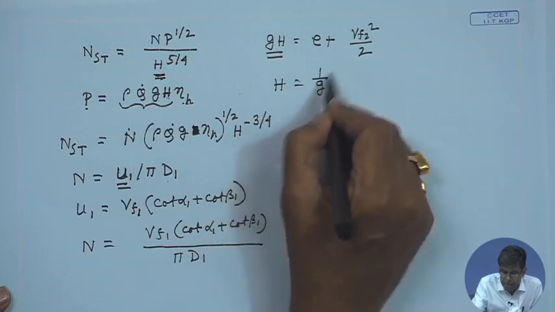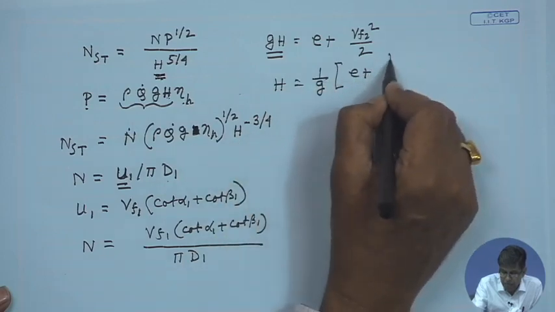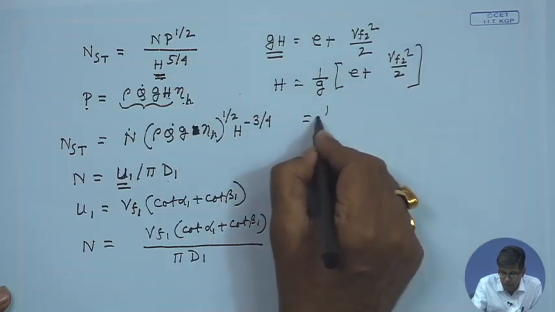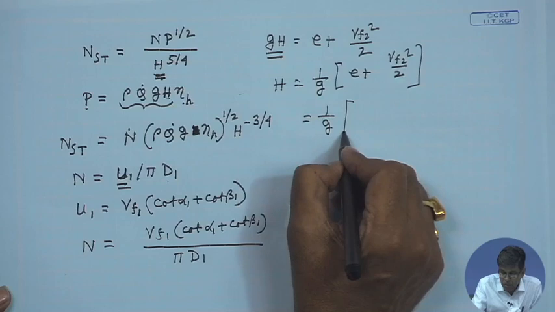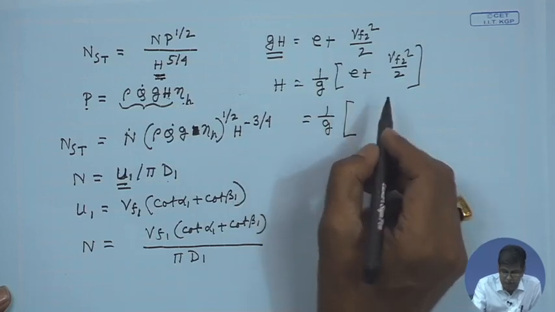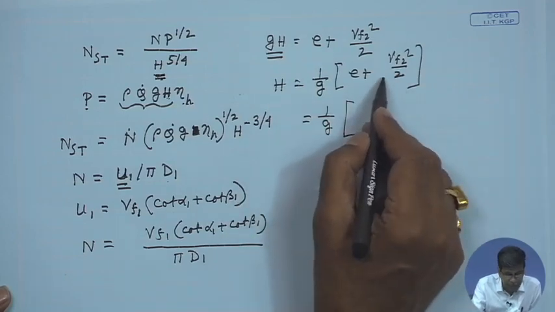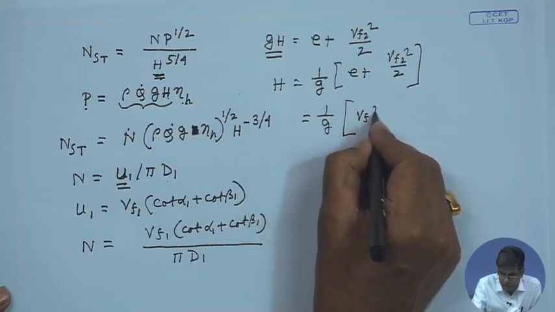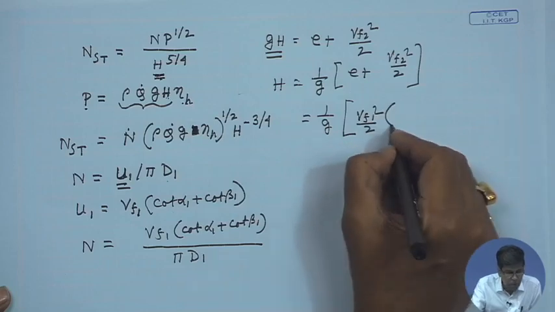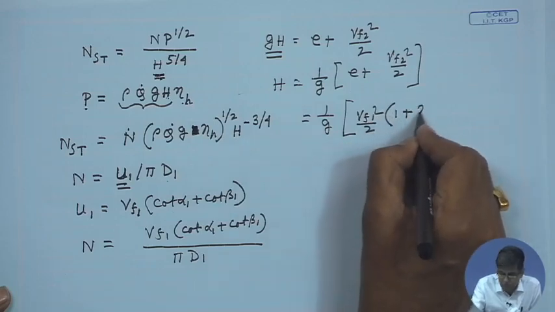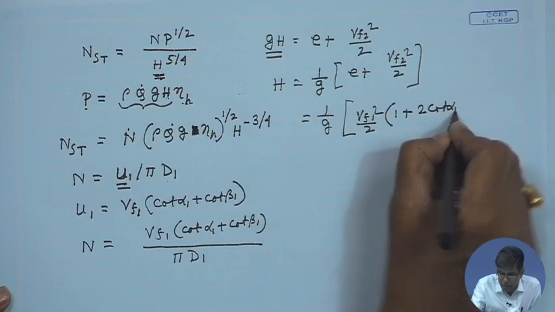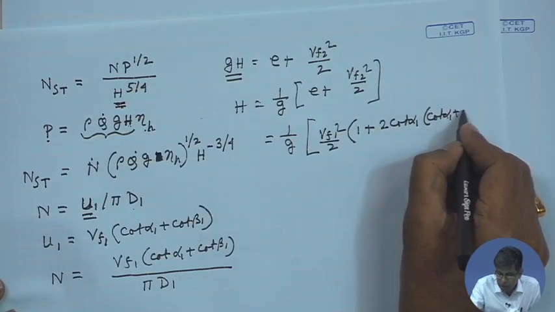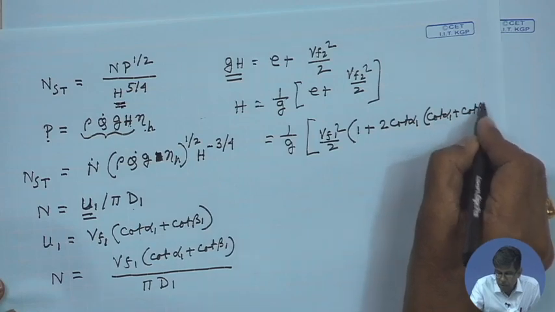1 by g into E plus Vf2 square by 2, and this becomes 1 by g. Already we know these things. What is this? Vf1 square by 2, we can take common, 1 by g Vf1 square by 2 into 1 plus 2 cot alpha 1 into cot alpha 1 plus cot beta 1.